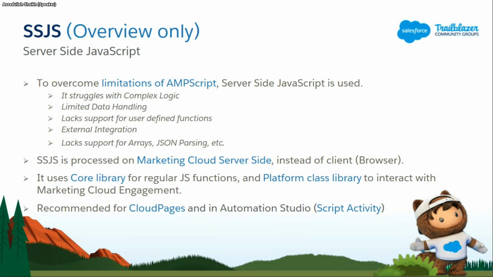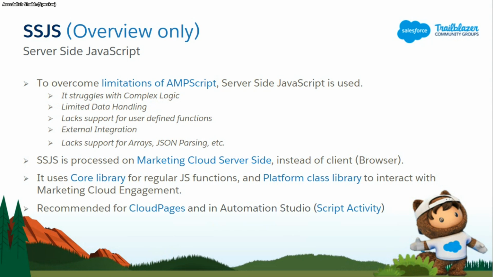Also, as we have spoken in our previous session, AMPscript has predefined functions, which means it is not an object-oriented programming language. It is a procedural programming language. It has predefined functions that we can use, so there are certain limitations. Unlike other programming languages like Python or Java or even JavaScript, where we can define our own values, our own methods, our own functions, classes, and things like that.